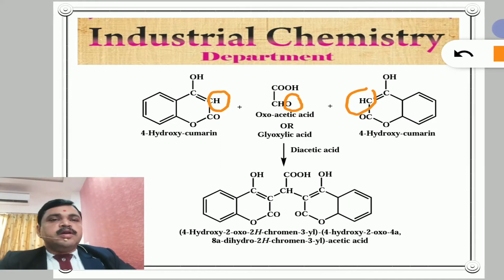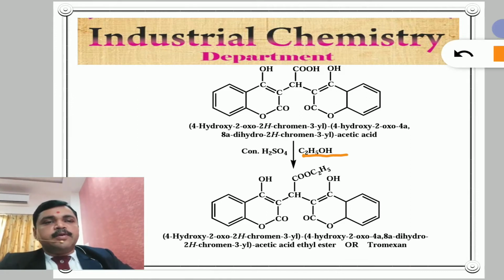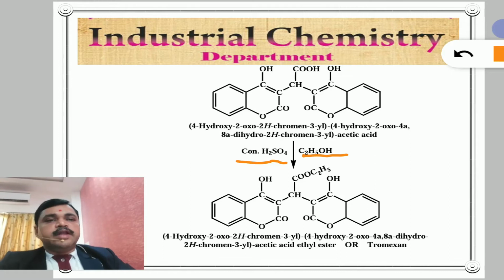2 moles of 4-hydroxycoumarin and glyoxylic acid condense. After this, the intermediate compound of coumarin, 4-hydroxy 2-oxo 2-hydrochromen 3-yl, 4-hydroxy 2-oxo 4A 8A dihydro 2-hydrochromen 3-yl acetic acid, is treated with ethanol, C2H5OH, in the presence of sulfuric acid.